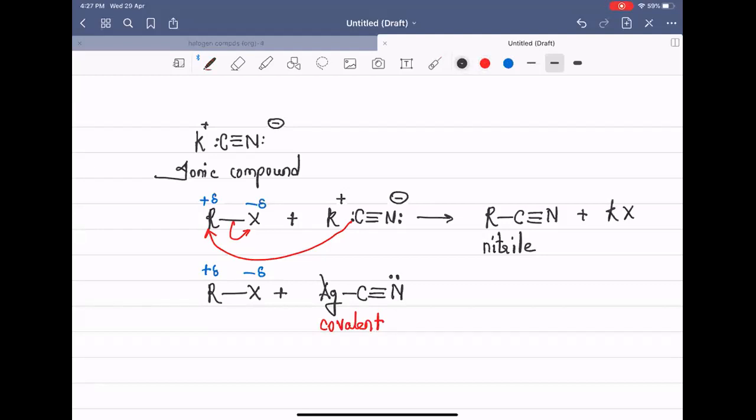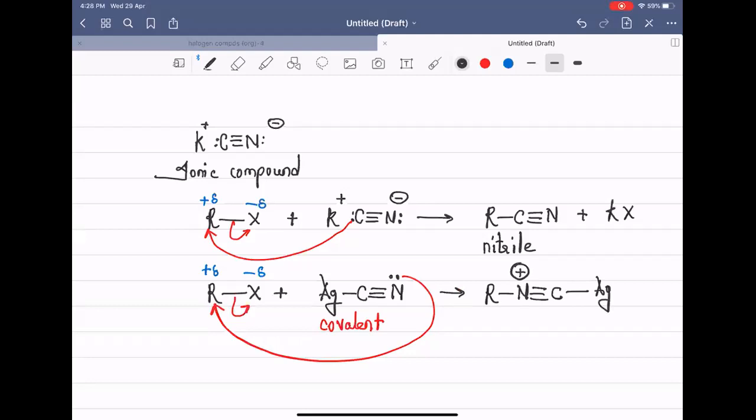Because of that, carbon doesn't have any lone pair. So now here, it would only be nitrogen which would attack. And so your product would be R N triple bond C plus, and you have Ag here plus X minus.